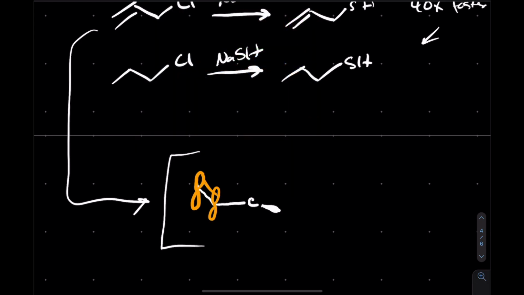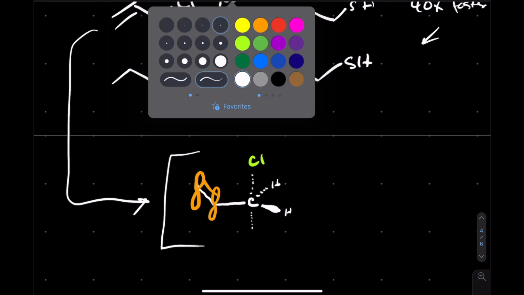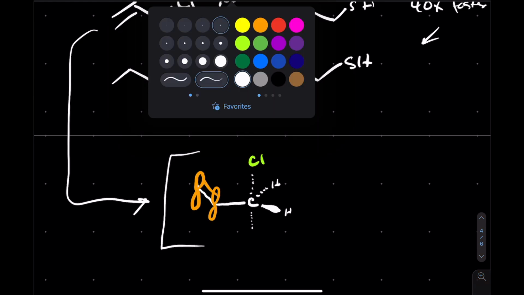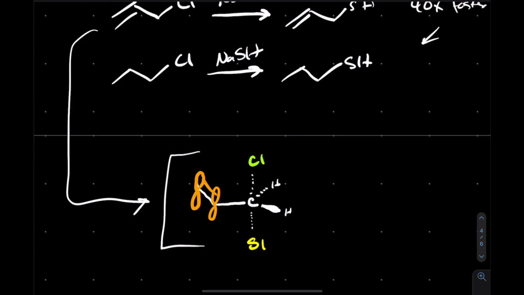And so your 5-coordinate transition state is carbon here, here, and then you've got an approaching and a departing, so this is going to be your departing chloride, and this is going to be your approaching sulfur. What color is sulfur? Sulfur is yellow, right? SH, all right?